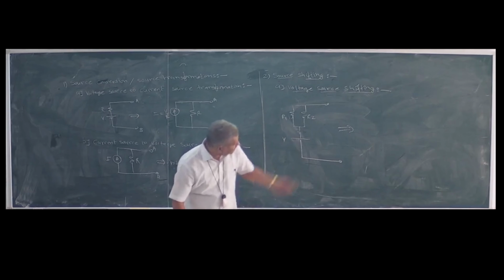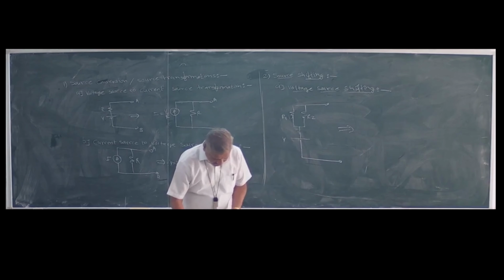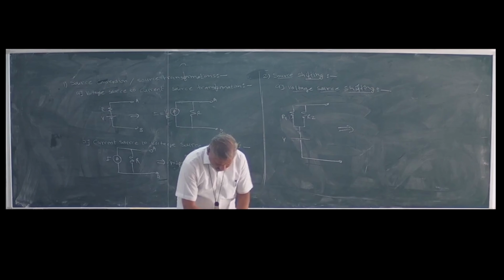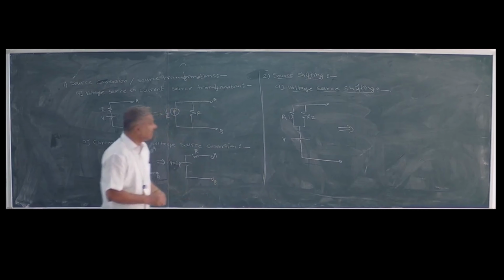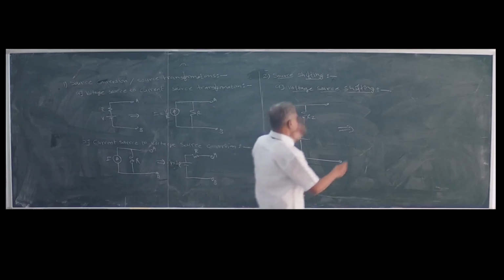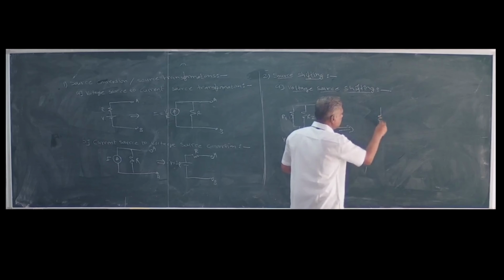When we have the network of that category, in that particular case, we can use the source shifting. And it will be something like this. It's equivalent network.